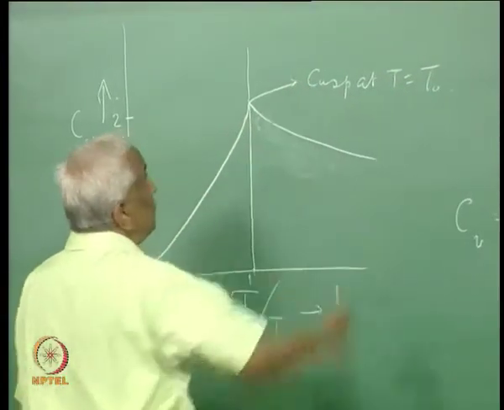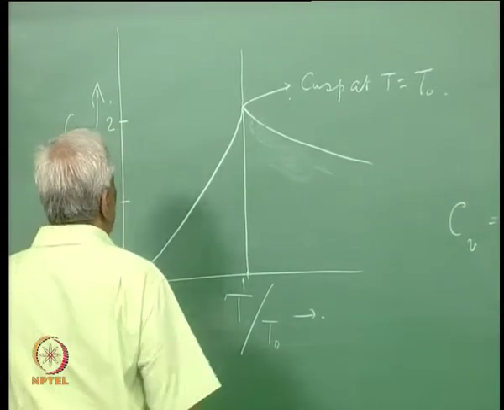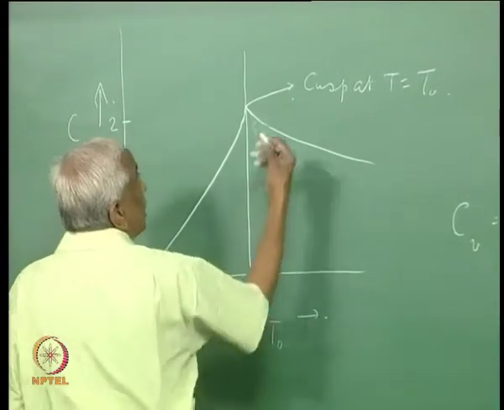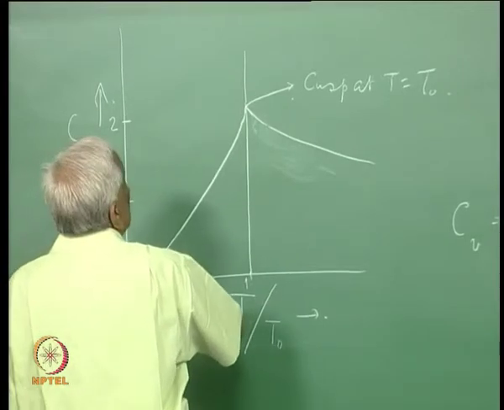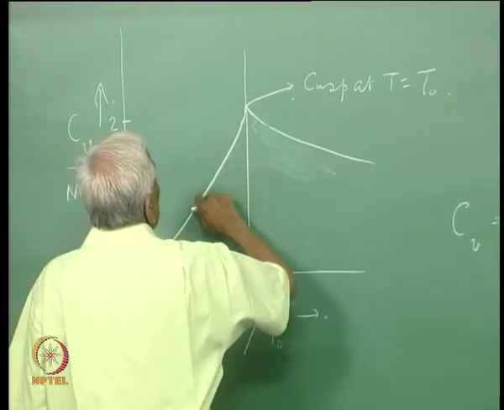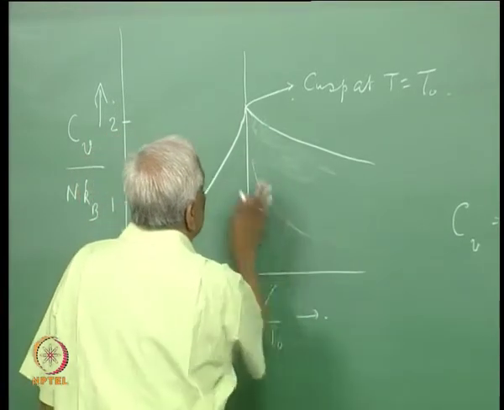This is the theoretical variation of the specific heat of an ideal Bose gas, whereas the observed specific heat variation at the lambda point of liquid helium-4 is more or less like this, but this goes like this.